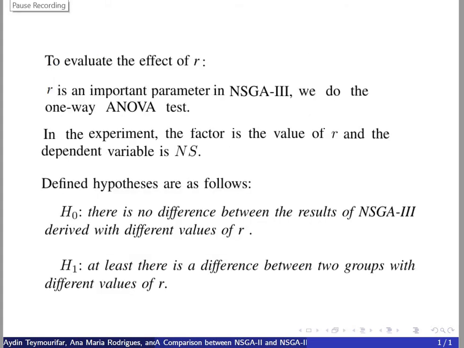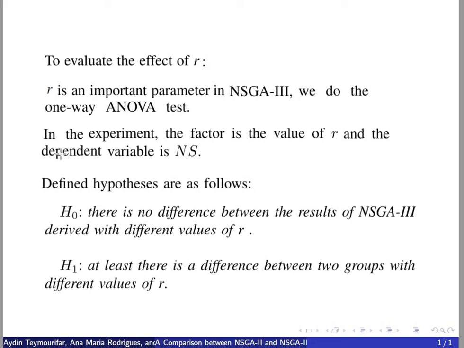As mentioned before, the first analysis of the work is to evaluate the effect of R in the NSGA-III algorithm. For this aim, we do the one-way ANOVA test. In the analysis of variance test, the factor is the value of R and the dependent variable is NS, which is the number of obtained non-dominated solutions.